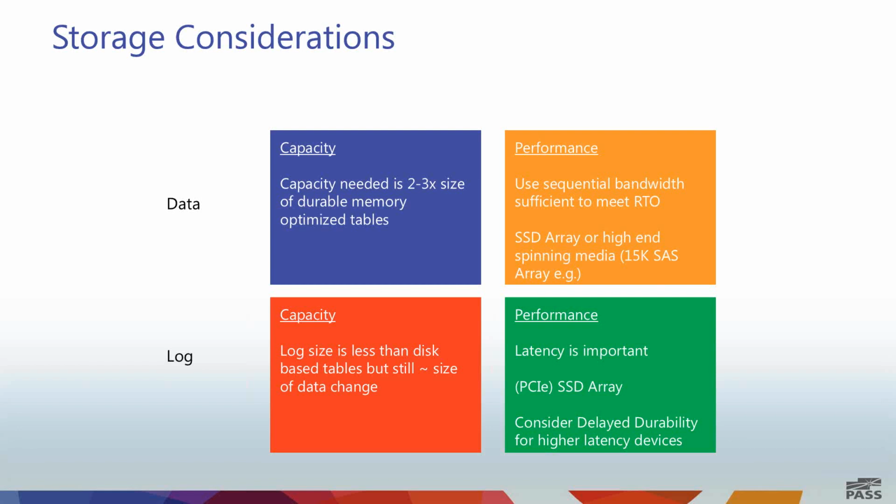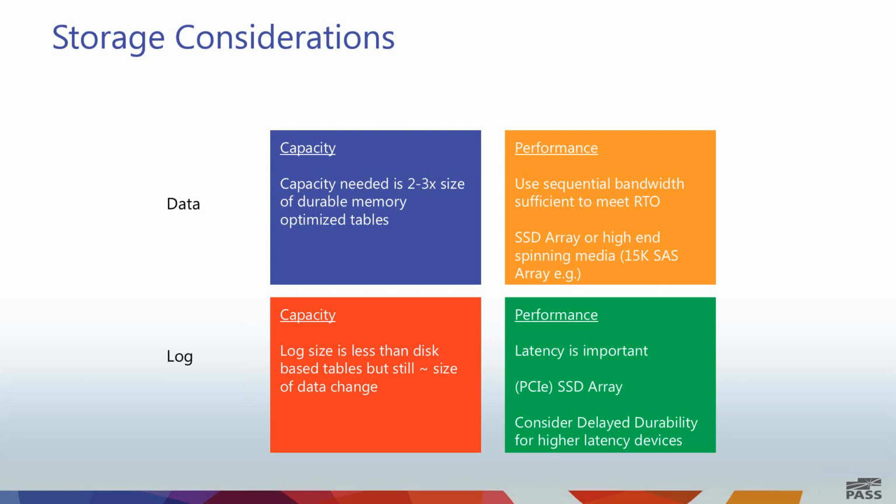When thinking about log in terms of capacity, the rule of thumb is to assume the size is going to be similar to what you have for your disk-based tables before you migrate to memory optimized. However, in general, we do use a bit less log because we don't log index operations. But it's still the size of data.